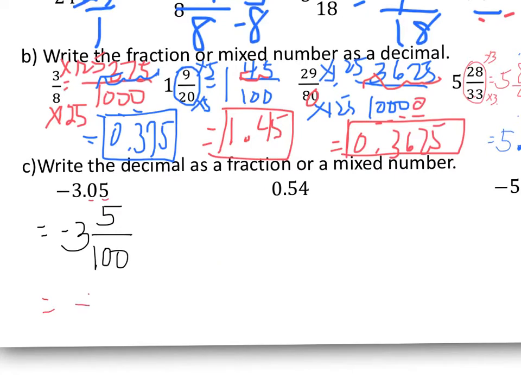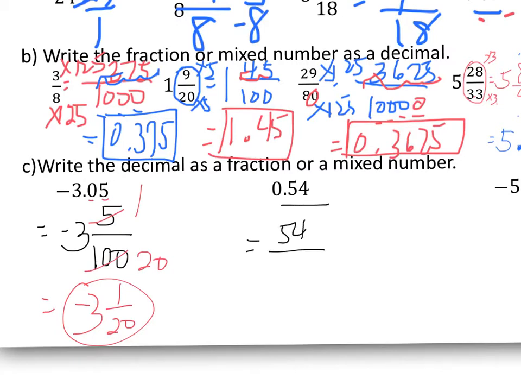So here we have -3, and let's simplify. So 1 over 20. And here we have 54 over 100. 54 divided by 2 gives me 27. 100 divided by 2 gives me 50.